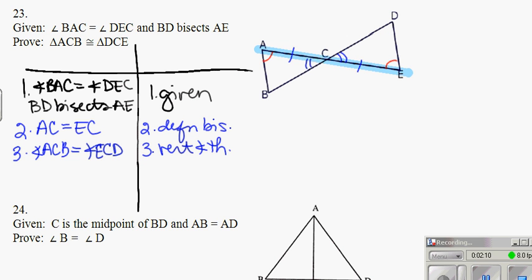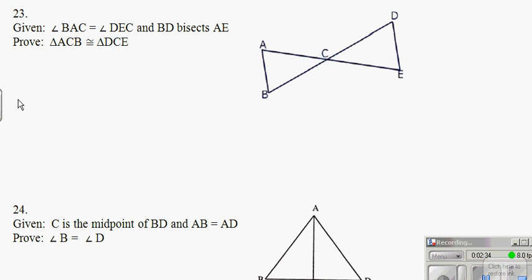If you look at my picture, I have enough now, angle, side, angle, and that is how my proof is going to end. Triangle ACB is congruent to triangle DCE by angle, side, angle. Feel free to replay that. I'm going to move on to the next proof.